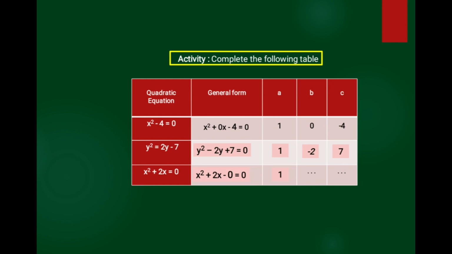So we get a equals to 1 because the coefficient of x square is not given, so it is 1. The coefficient of x is 2, so the value of b must be 2. Here the constant is minus 0, so you can write the value of constant c as plus 0 or minus 0. So in this way we write the given quadratic equation in general form first and find the values of real numbers a, b, c.